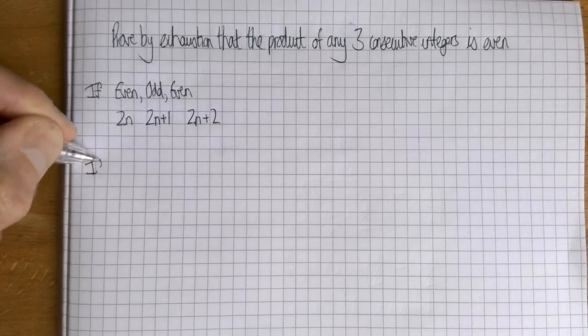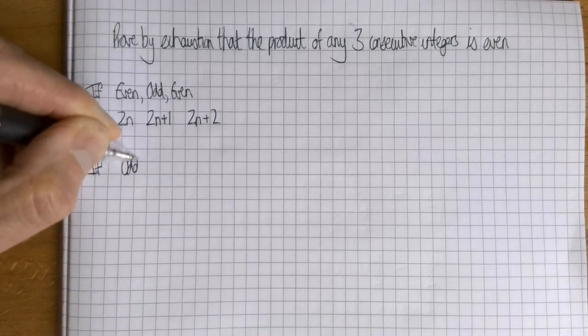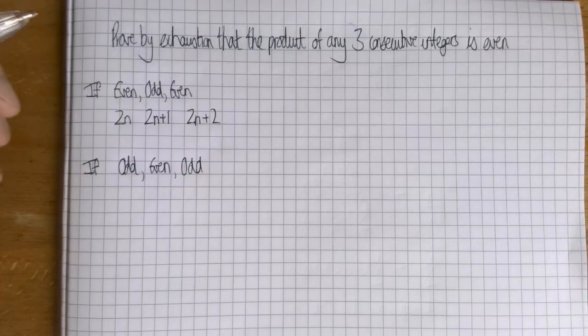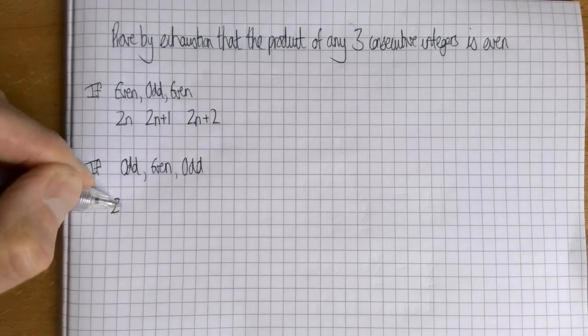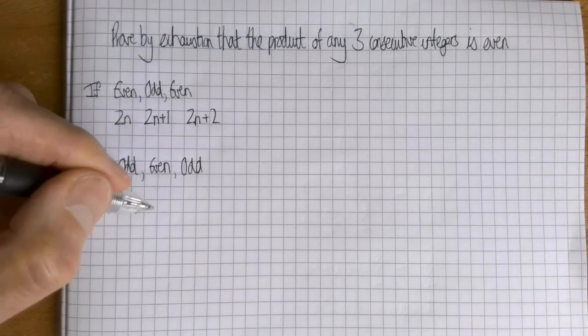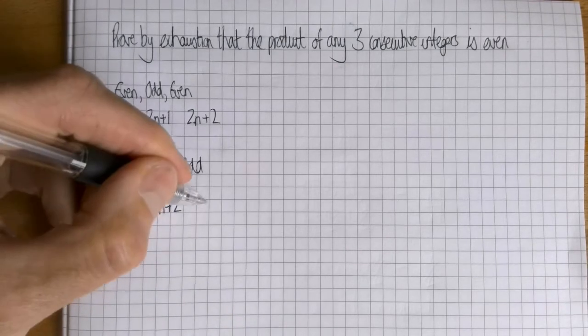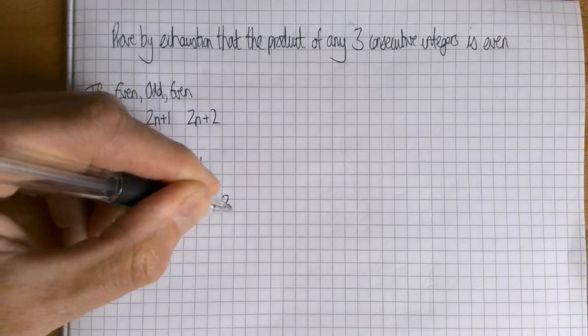And then the other option is that the first number's odd, in which case my first number is 2n plus 1, and then I've got 2n plus 2, and then I've got 2n plus 3.